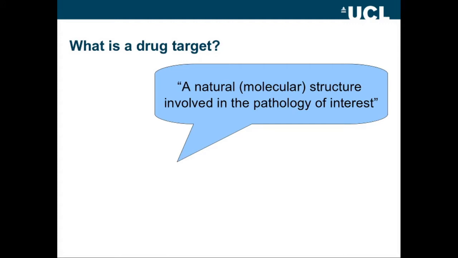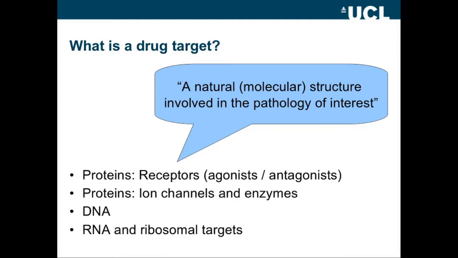We can define a drug target very simply as a natural molecular structure involved in the pathology of interest. And such drug targets can be proteins, such as receptors, where we have agonist or antagonist drugs that either activate the receptor or switch it off.